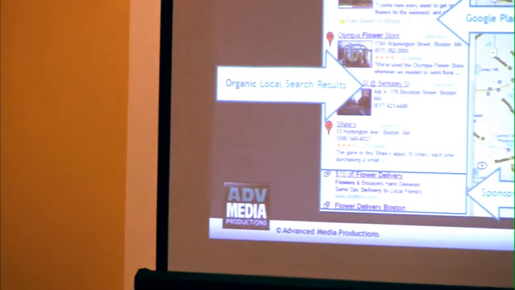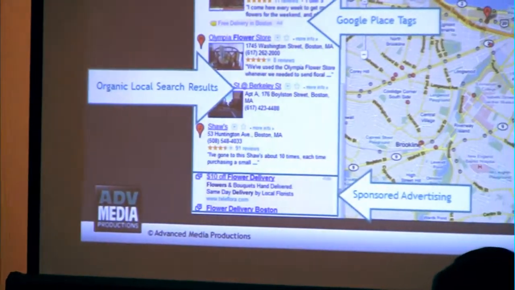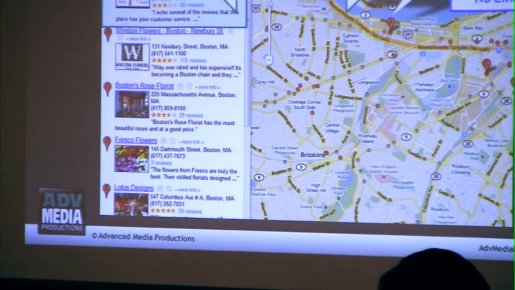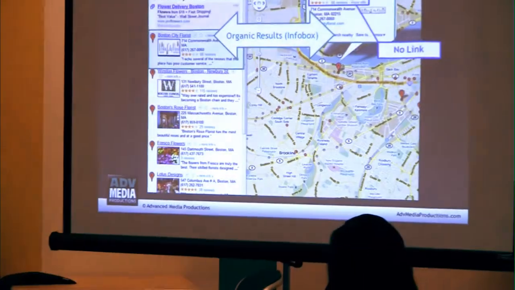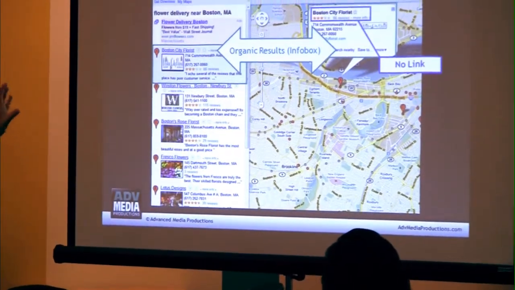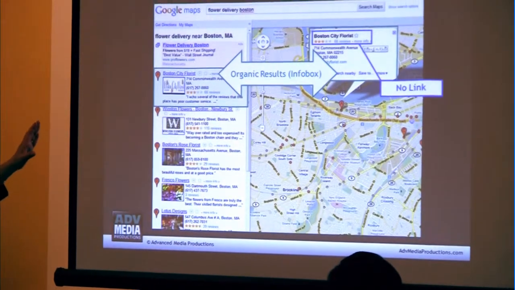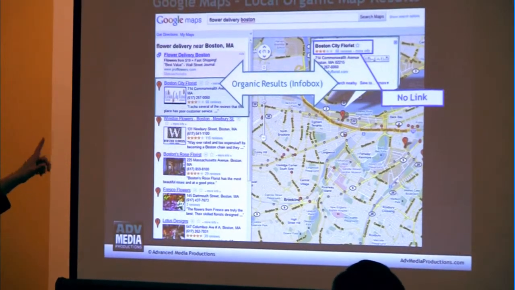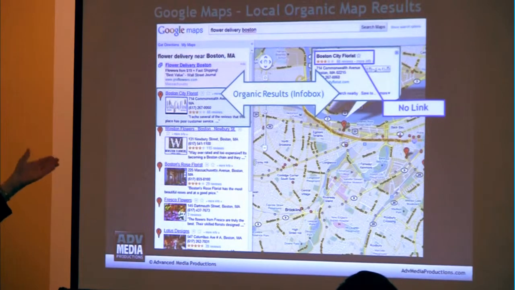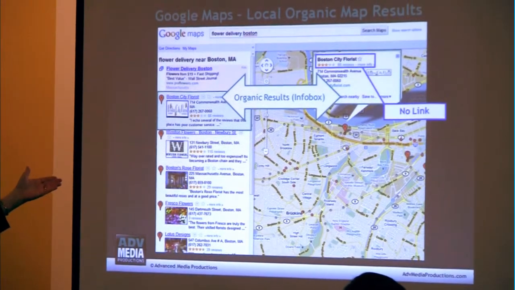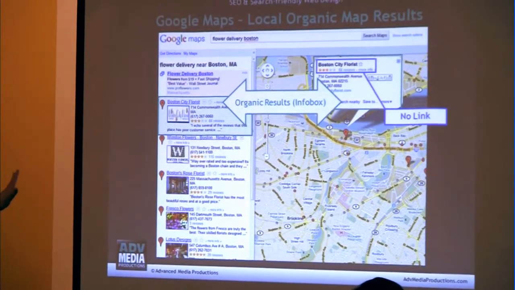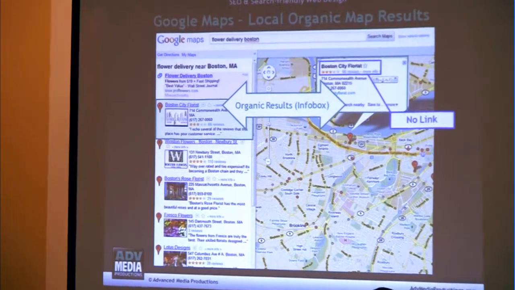So the results are not the way they used to be, where they came up with a little box. It's actually changed to look like this. The other thing is, if you click on it, you get a little advertisement of that local result. But you don't get a link to go to the website, they give you the information there. So it's changed, so you can't actually go to the website from this result.